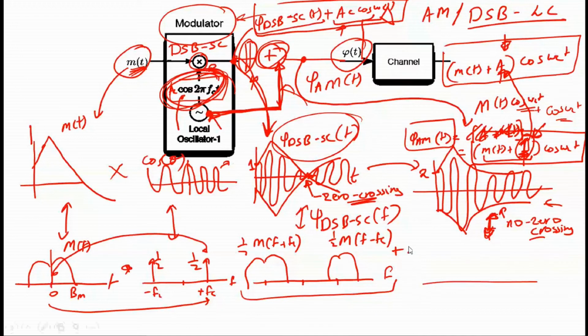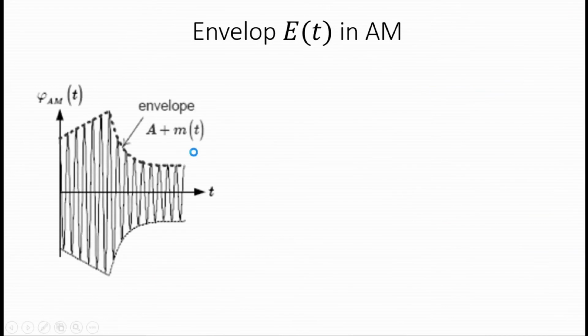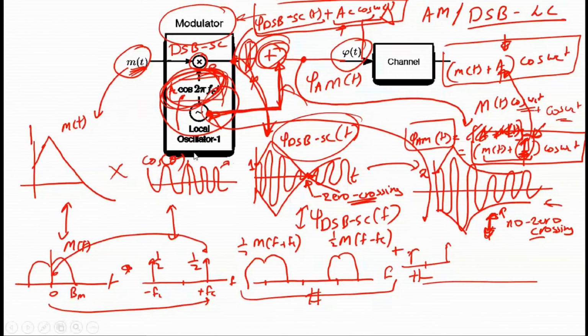So in the frequency domain, this was dsb-sc plus we are adding this over here. That means we are adding two carriers. So if we add this signal with two carriers coming from here, we would have one over here and one over here.